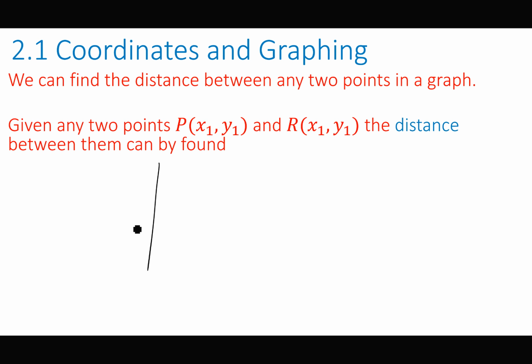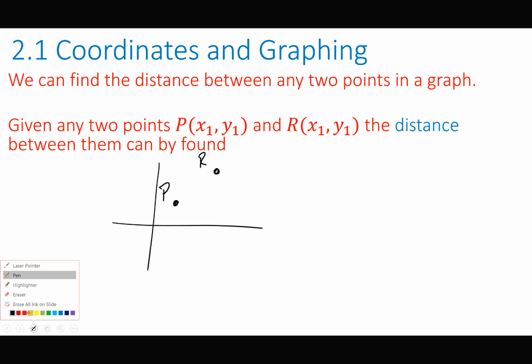If we had two points in space, I'm going to say this is my point P and this is my point R. Now, if I want to find the distance, looking horizontally, P was x sub 1, y sub 1, and R was x sub 2, y sub 2.